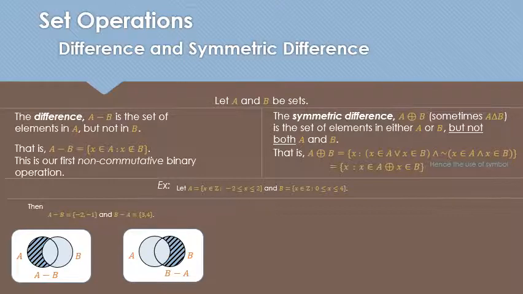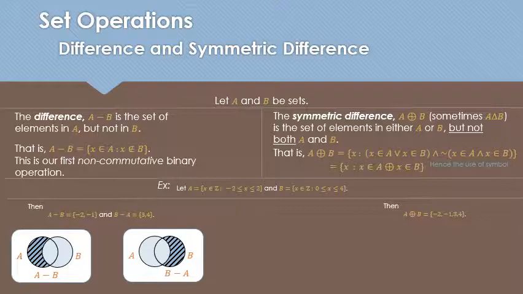So let's take a look at an example with these sets A and B and compute the symmetric difference of A and B. And notice that symmetric difference is commutative. It doesn't matter which order we write the A and B. So with A and B defined there, for the symmetric difference of A and B, we take the set of all those elements that are in A or B, so that would be the integers between -2 and 4, and we remove those ones that are common to both A and B. That is, we remove the intersection of A and B. The intersection of A and B is 0, 1, and 2.